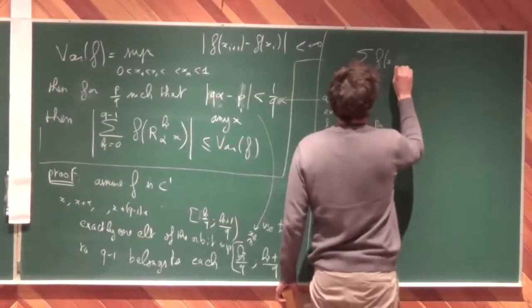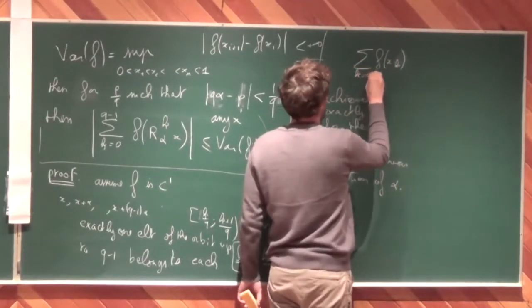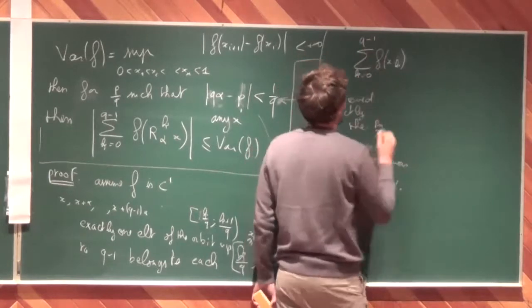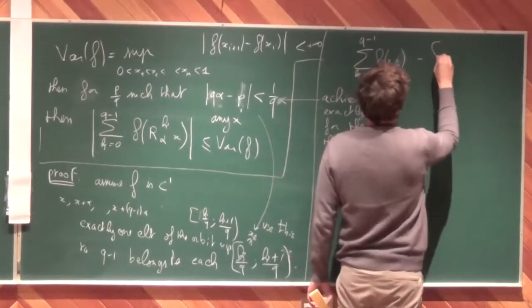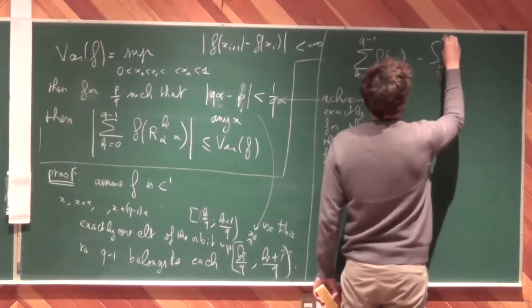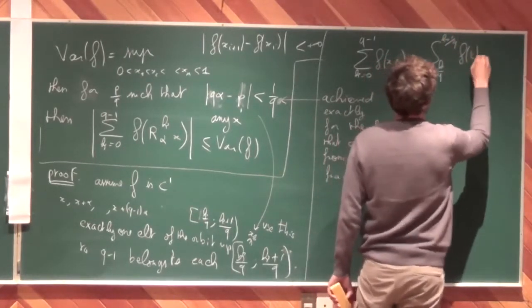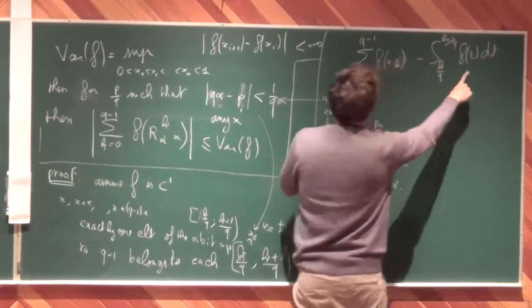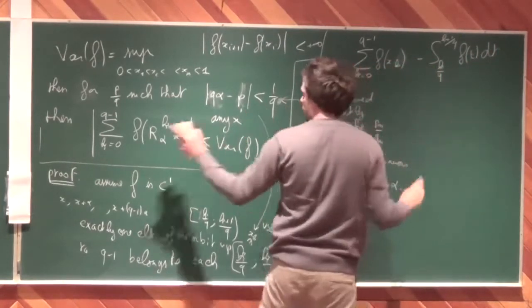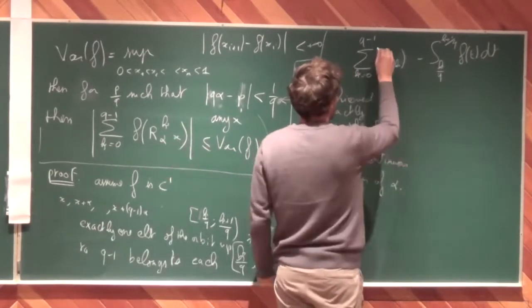So I can reorder the members of the orbit from k equals 0 to q minus 1, and subtract the integral from k over q to k plus 1 over q of f dt. The sum of all integrals is 0 because f has zero mean, so I did not change anything. So this is exactly the sum I want to study.